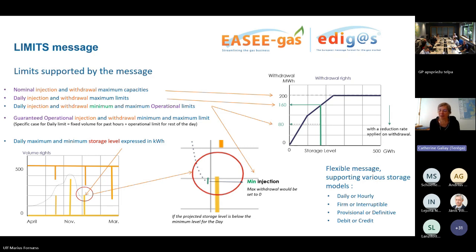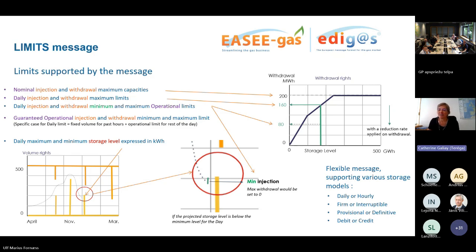The message is flexible, so the quantity can be daily or hourly, firm or interruptible, provisional or definitive, depending on the storage inventory level status used for the calculation of the limit. It can also be in debit or credit direction. More information can be found in our EASEE-gas documentation about this message.